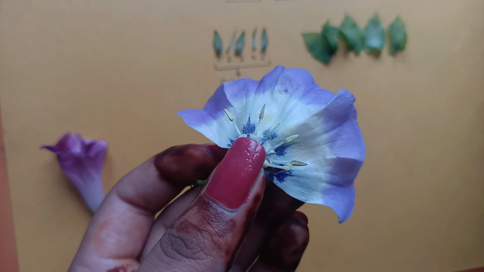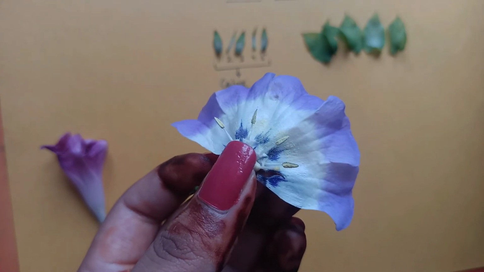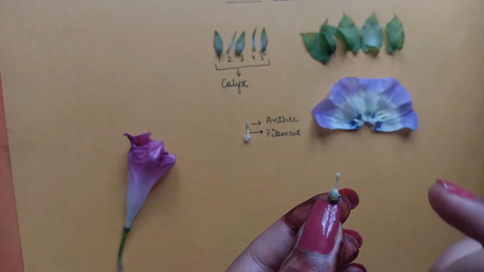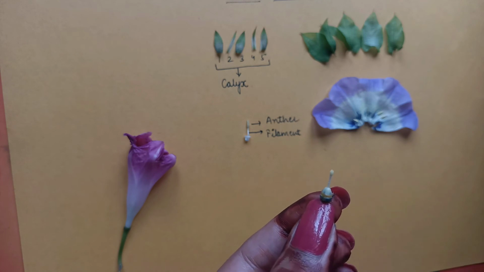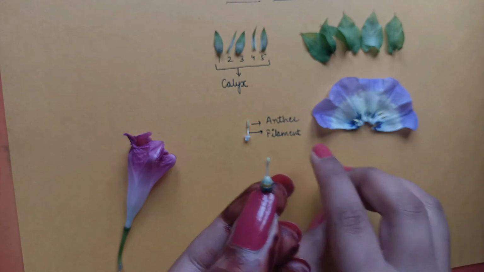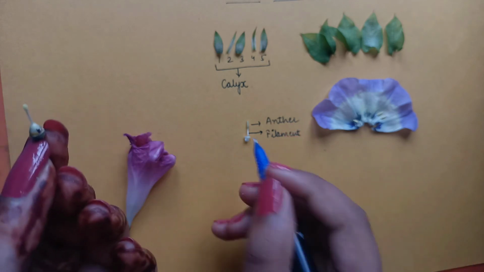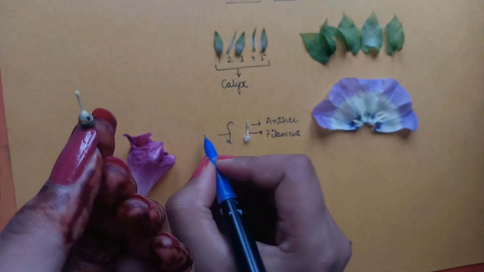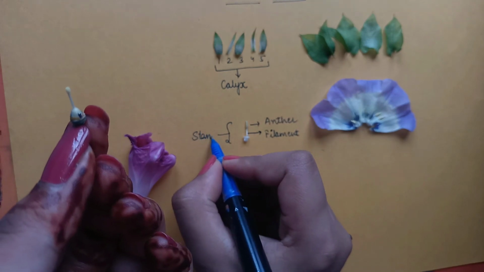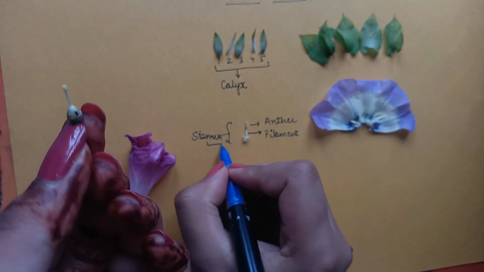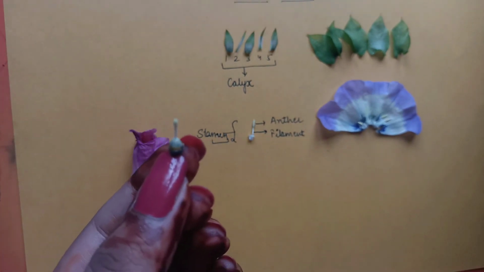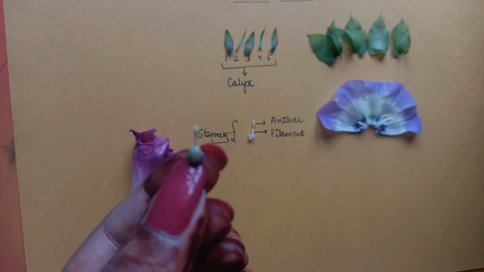Anther and filament together are known as stamen. They are also known as androecium.